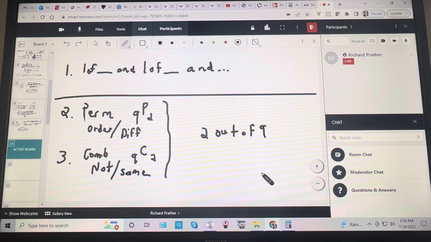I've got a club of 9 people, and I want to choose 2 of them to be officers of the club. Then that's a combination, because officers, I'm treating them the same way. Their jobs are the same. So then order doesn't matter. It doesn't matter who's first, who's second. They both get the job.